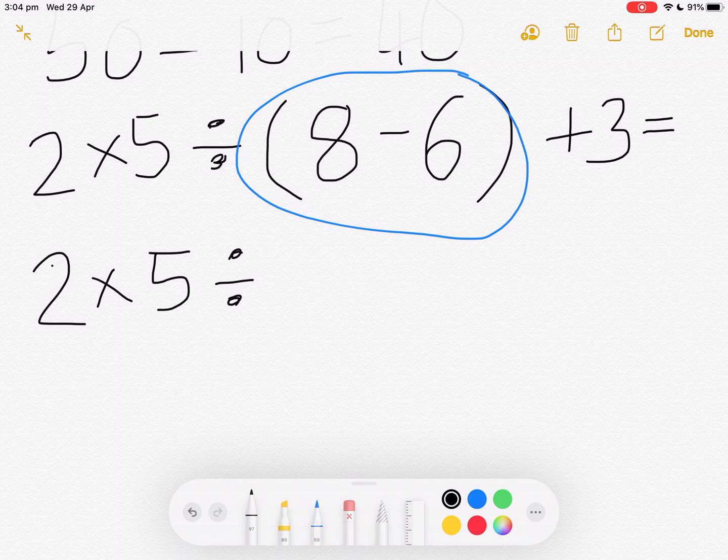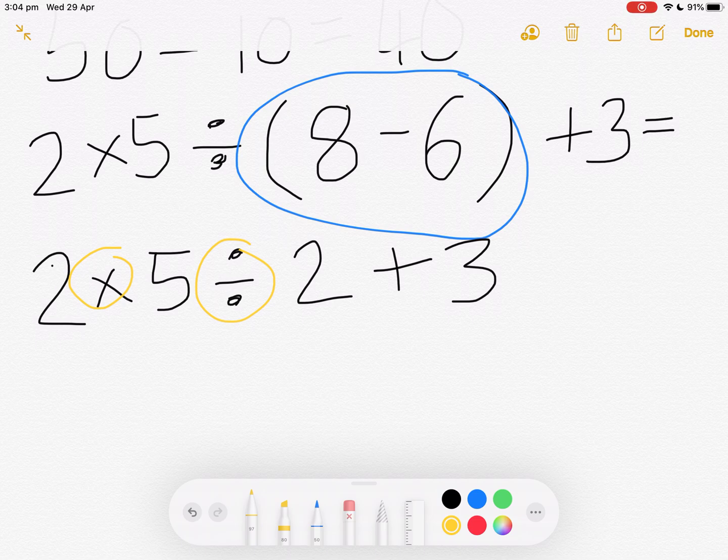8 times 6, that's easy too. And the rest is staying the same. Right, now that I've done my brackets, the next part is any division or multiplication, which I've got 2. So when you've got a multiplication and a division, they're equally important.